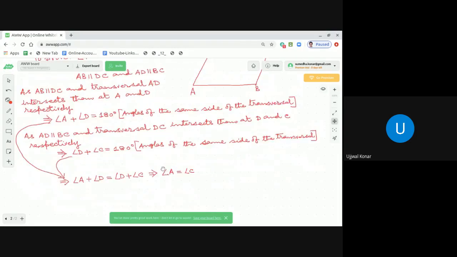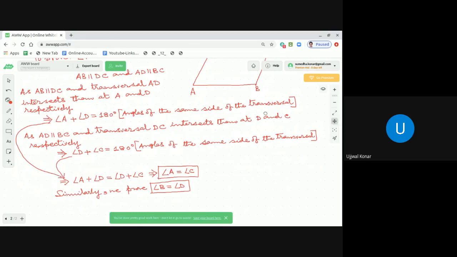In a similar manner, we can prove angle B is equal to angle D. I hope you got it, how to prove angle B equal to angle D, right?